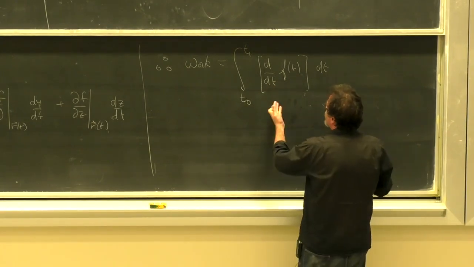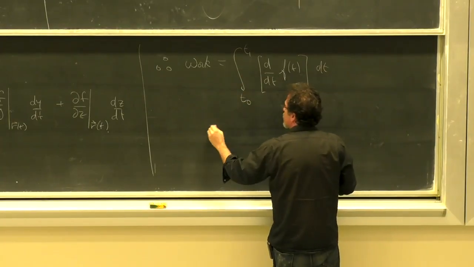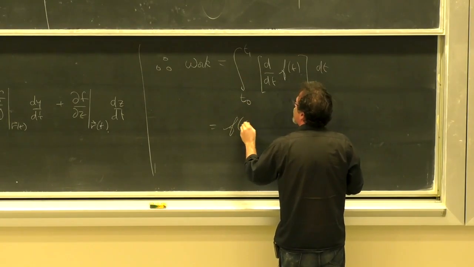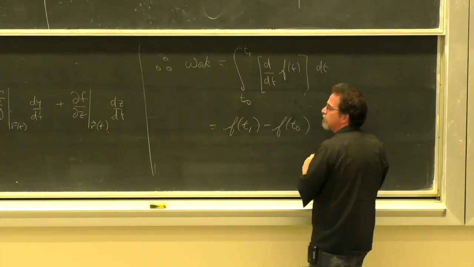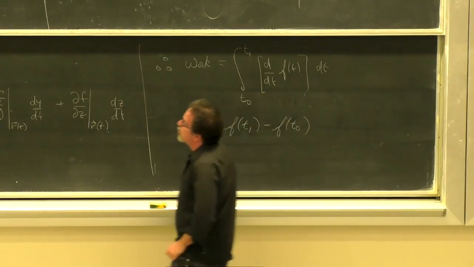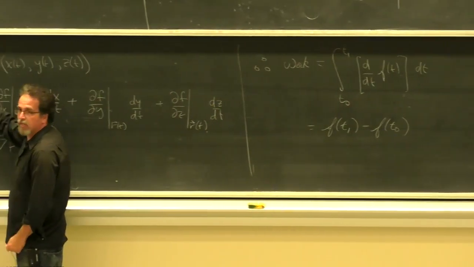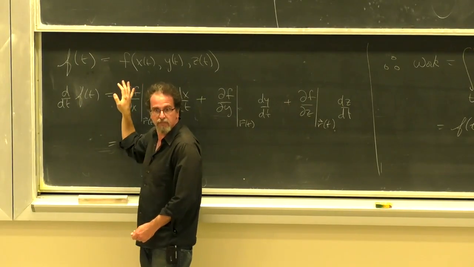Okay? Well, by the fundamental theorem of calculus, the integral of the derivative is equal to the function evaluated at the upper bound minus the function evaluated at the lower bound. But now we do that last step, which is to recognize f of t is simply f of x of t, y of t, z of t.